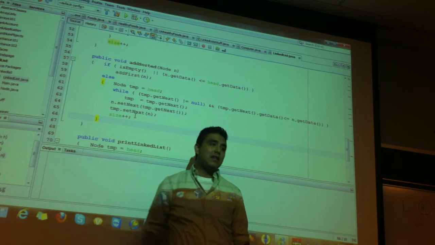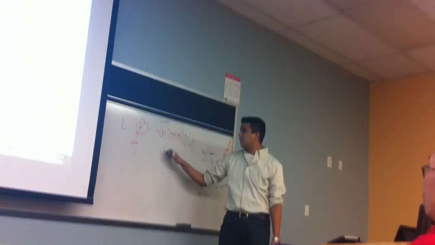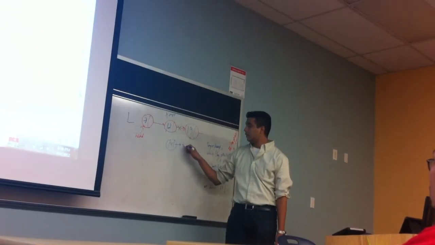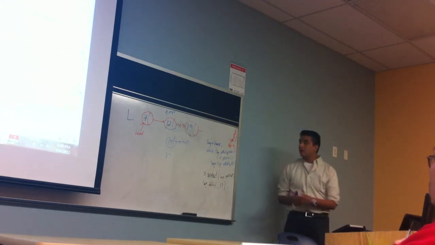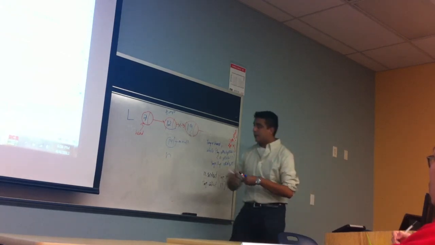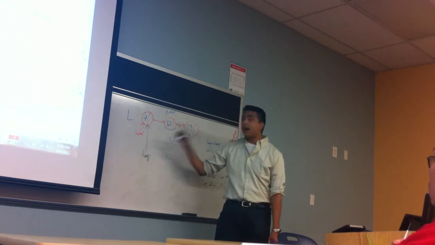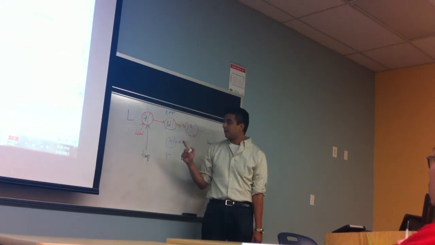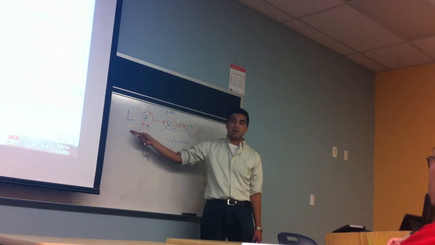Else. Else means it has to be inserted somewhere in the middle. Like, for example, we said 14. This is node n. So what I'm going to do is put temp here. I know already for a fact that the node that I want to insert will not go before 7.